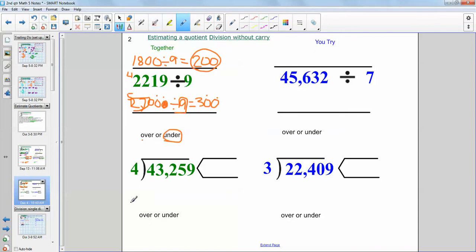Okay, let's do one more real quickly. Multiples of 4. This is going to be a good one. I'm going to have 40 on my low end, 44 on my high end, and we're talking about 43,000. So it's going to be either 40,000 or 44,000.